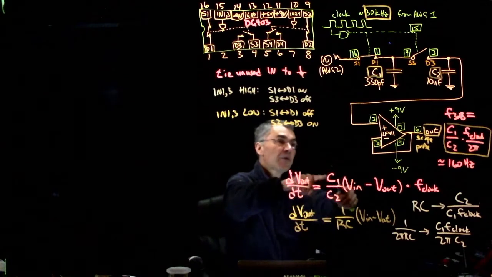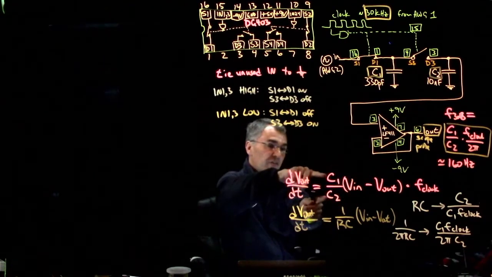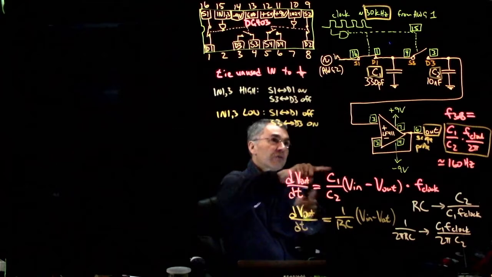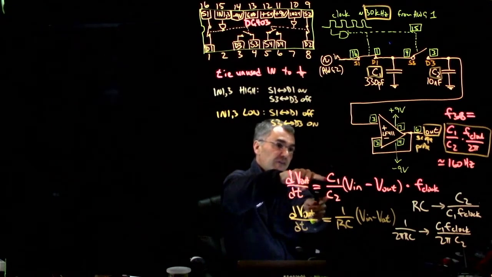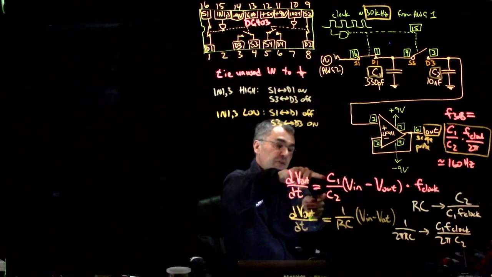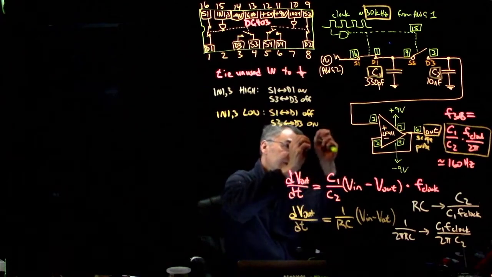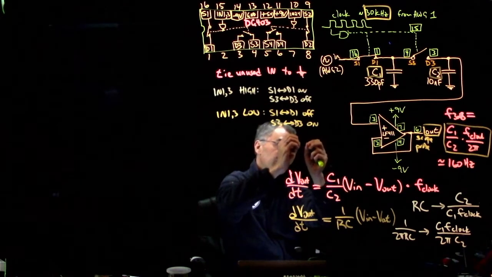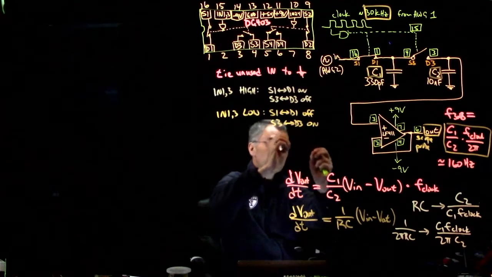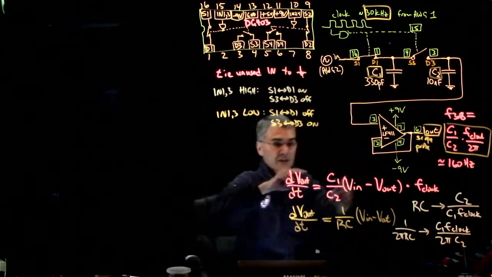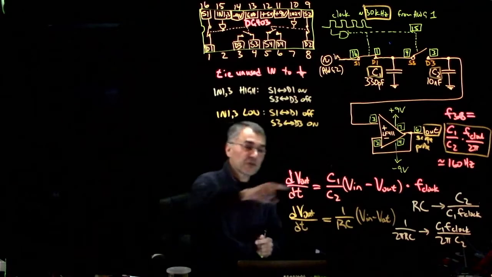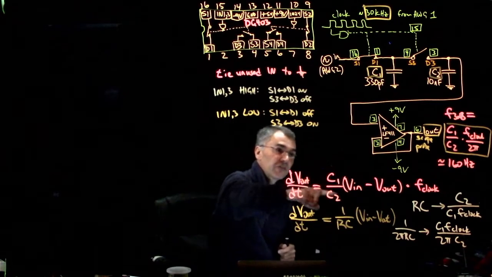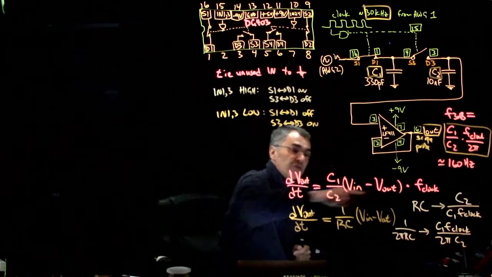And how much does this change? It changes by the ratio of these two capacitances, because a given charge moves back and forth, and the amount of charge needed to put a given voltage on a given capacitor is proportional to that capacitance. So it's the ratio of these two capacitances times this voltage difference.